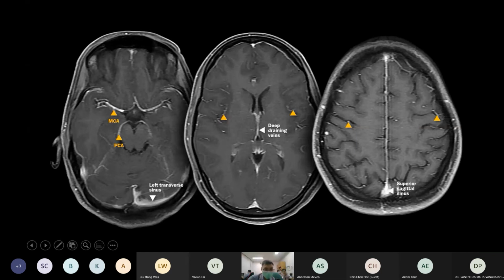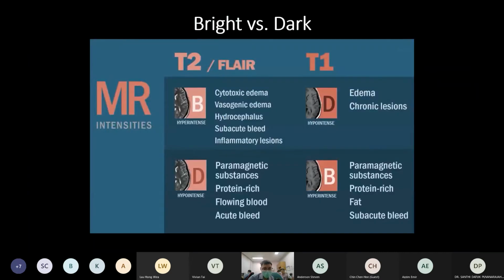So it is very helpful for us to detect any vessel anomalies. Usually it can be reconstructed in a 3D view to study the vessel anatomy in more detail, which is not going to be discussed here. So this is the normal T1 post-gadolinium view.